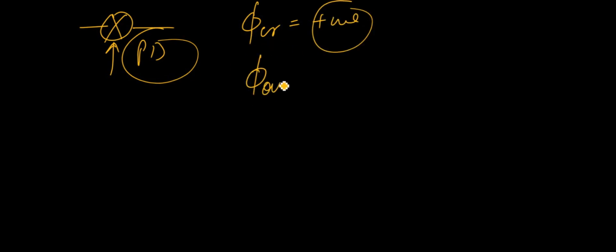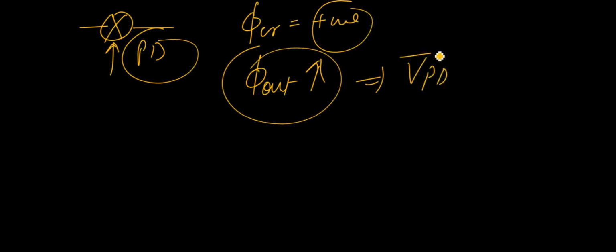Let's have a brief discussion again about this PD. What we saw is that we have a mixer based PD, and we have phase error equal to positive. So for locking the PLL, we have to increase phi out. To increase phi out, we have to keep VPD bar high.